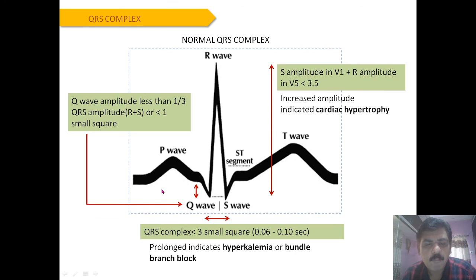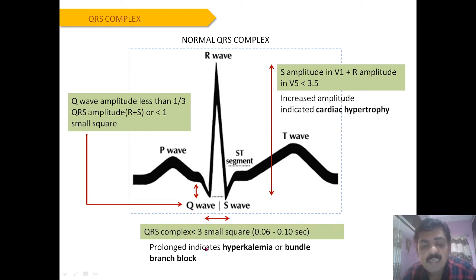Then the QRS complex. This is the Q wave, the downward direction Q wave, then the R wave, and this is the S. A prolonged QRS complex, more than three small squares, indicates hyperkalemia or bundle branch block. It is indicated by how many squares?